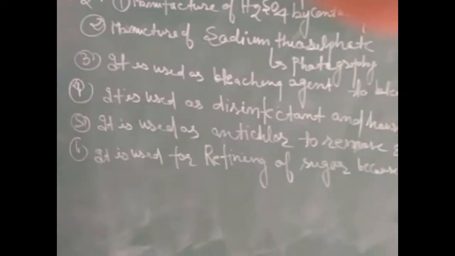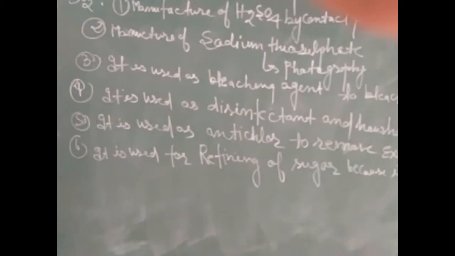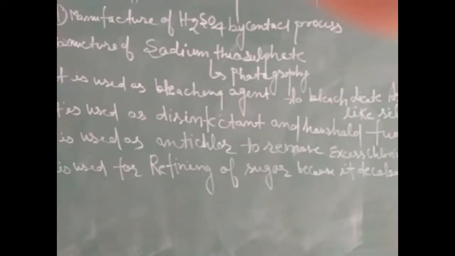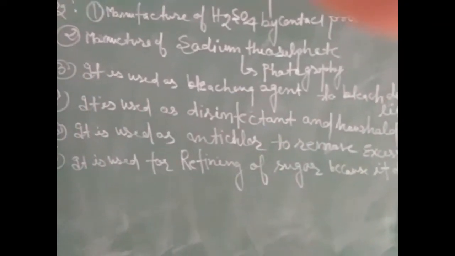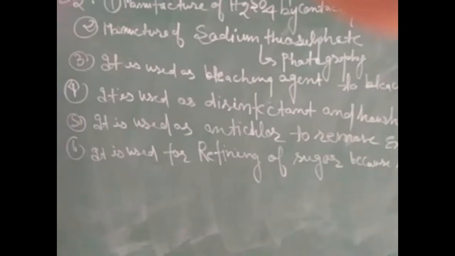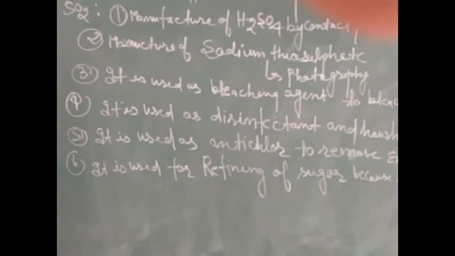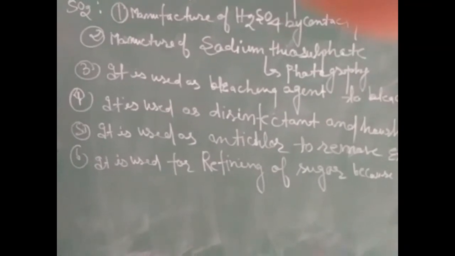It is used as a disinfectant and household fumigant. Disinfectants are those chemical substances which are used to kill germs in our kitchen or toilets, that is used for cleaning.